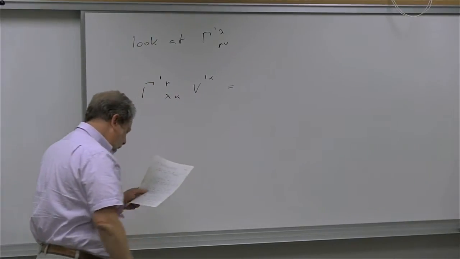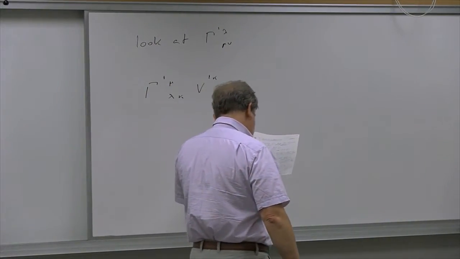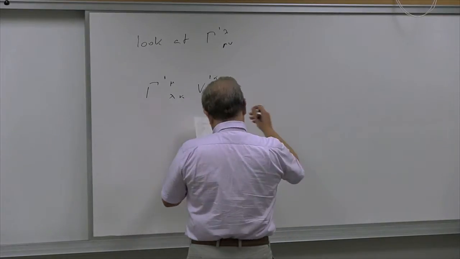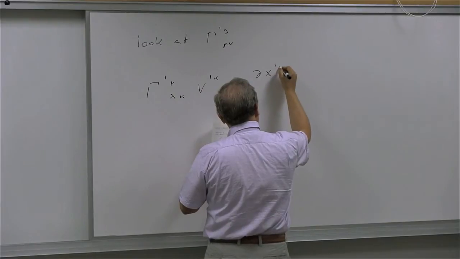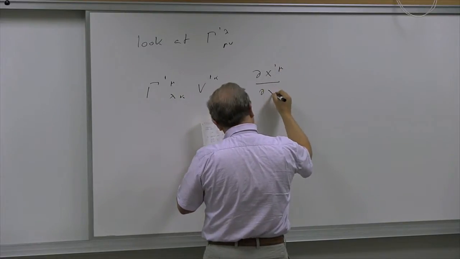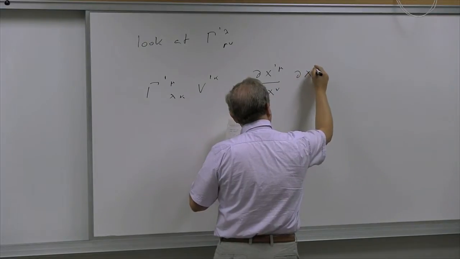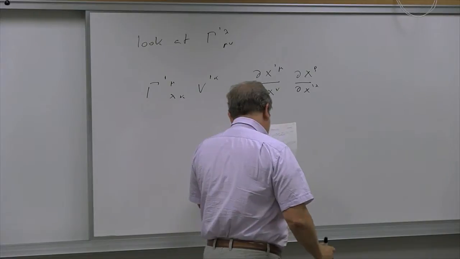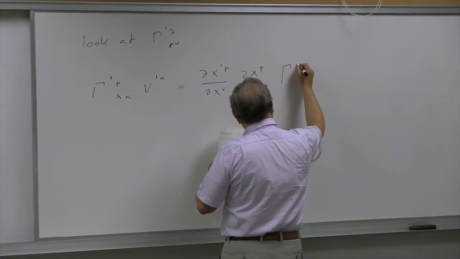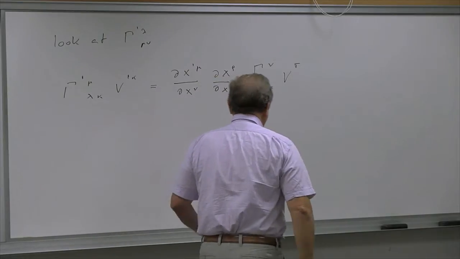This is something that we worked out some of. When you do the algebra, this is dx prime mu by dx nu times dx rho by dx prime lambda times gamma nu rho sigma times v sigma.